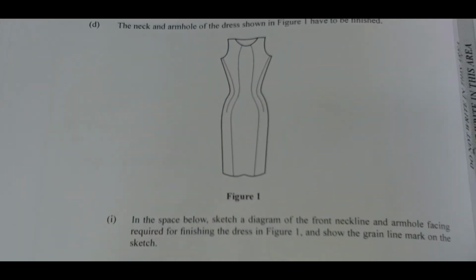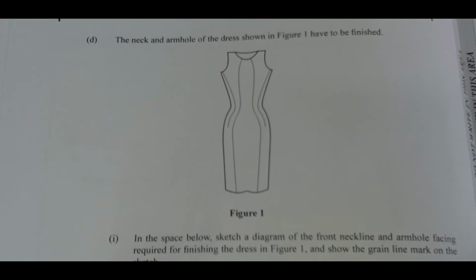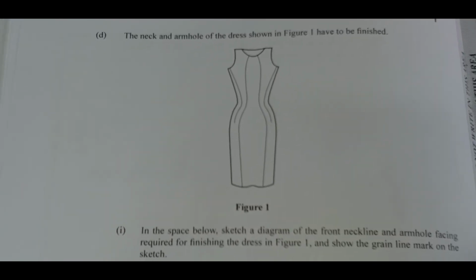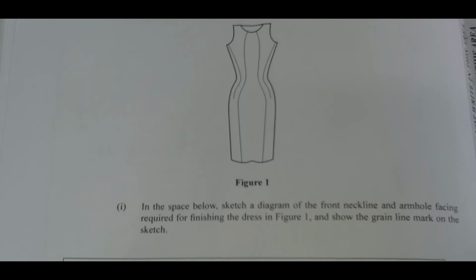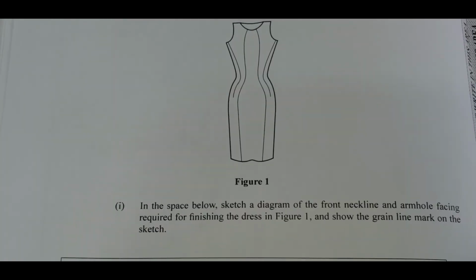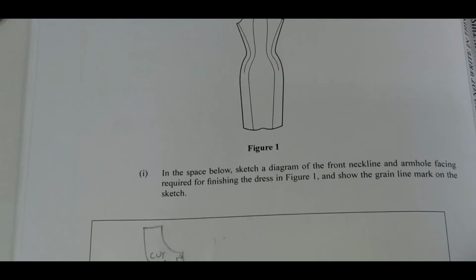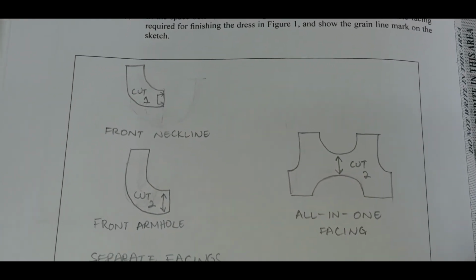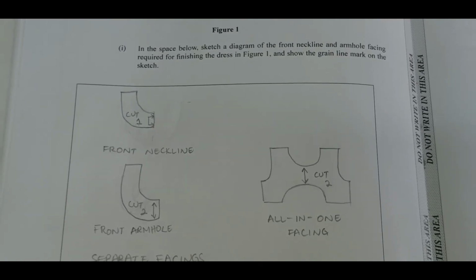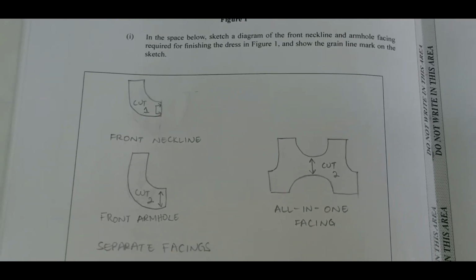Question 5d. The neck and armhole of the dress shown in figure 1 have to be finished. In the space below, sketch a diagram of the front neckline and armhole facing required for finishing the dress in figure 1 and show the grain line mark on the sketch. So this is the sketch.